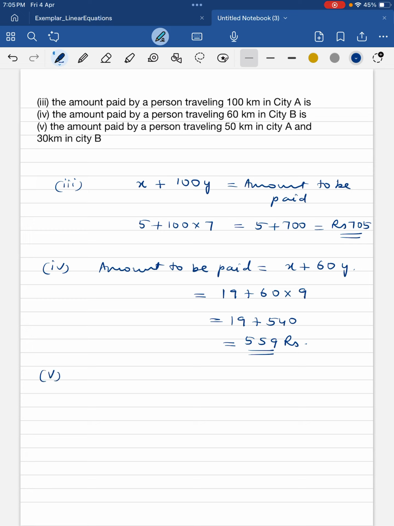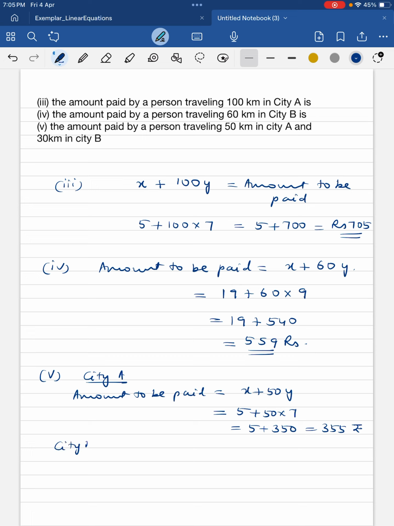Now in the fifth part of the question, they have asked us to find the amount paid by a person traveling 50 kilometers in city A and 30 kilometers in city B. Let's find the details in city A. The amount to be paid would be x plus 50 times y. So that's going to be 5 plus 50 times 7, which is 355 rupees. Now in city B, the person has traveled 30 kilometers.